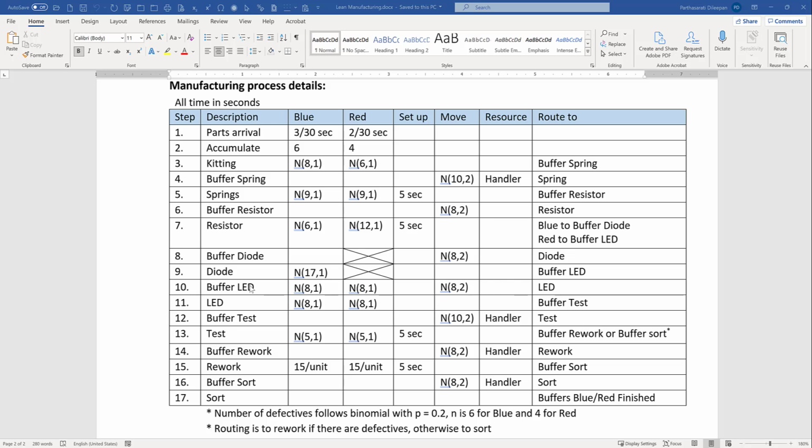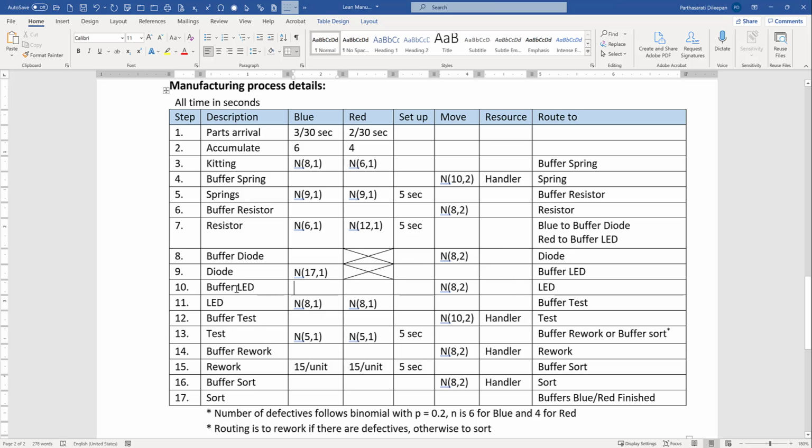And then, well, I think, okay, so there is no time here. This is not right. That's where the time is. Okay. So from buffer LED, there is a move time. Okay, no handler needed. Goes to LED, and then at LED, both red and blue take the same amount of time.